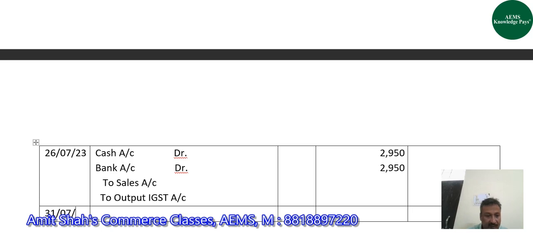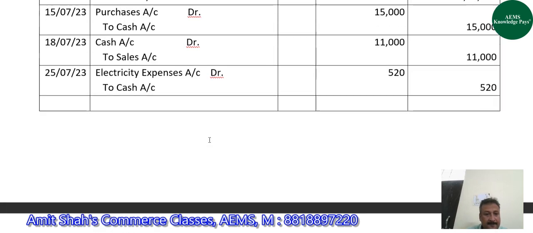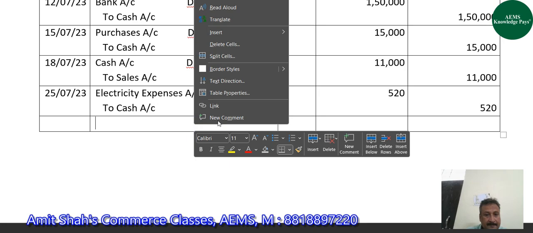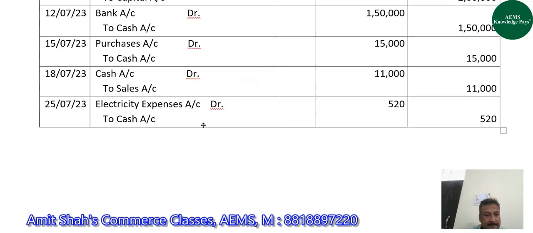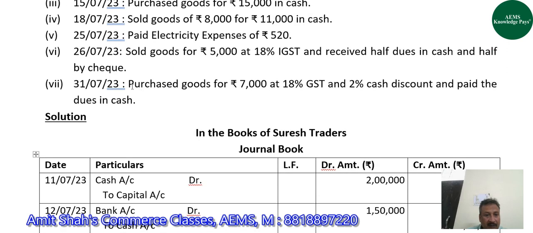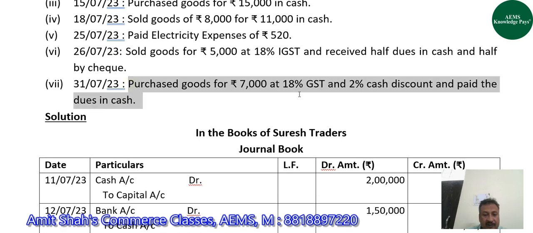And the last transaction is of 31st July, where we have purchased goods for rupees 7,000 at 18% GST and 2% cash discount and paid the dues in cash. Right?